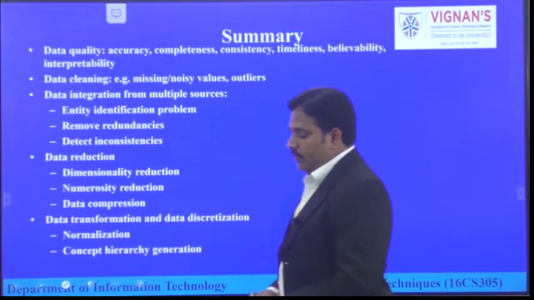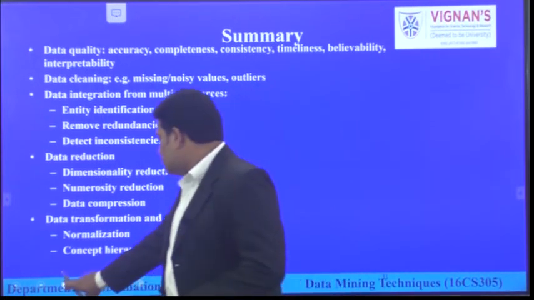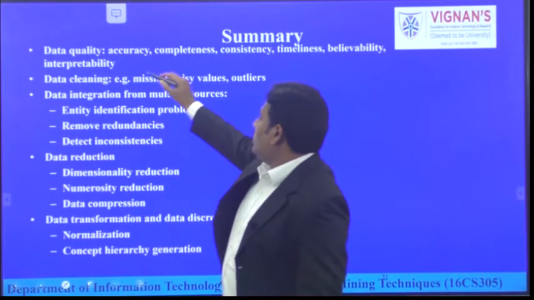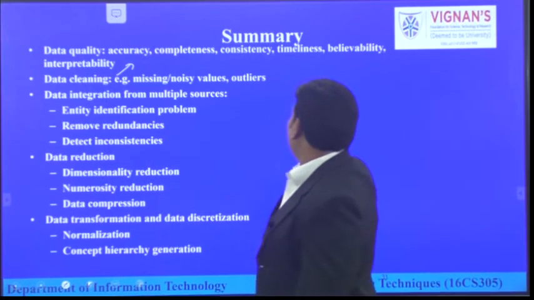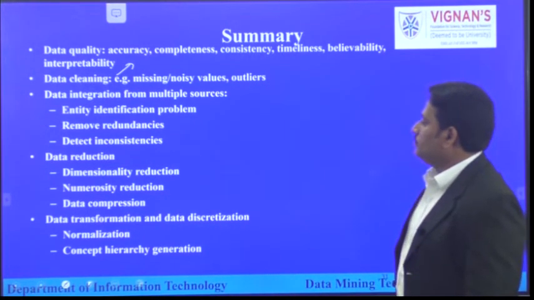So this is the summary. In this unit number 2, we have covered the following concepts with detailed relevant examples. We observed the basic data cleaning activity, and we have seen the basic data quality measurements.